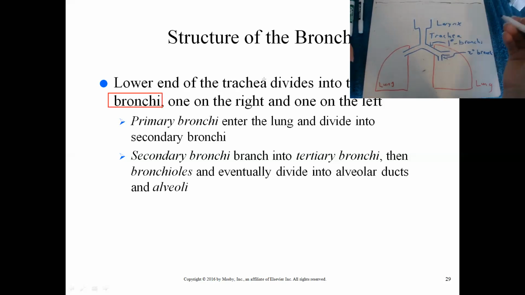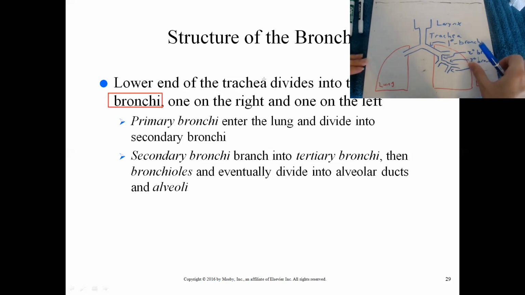Both of them, I'll just do one, but both of them would split into tertiary bronchi, also on the slide. Tertiary bronchi splitting into bronchioles.